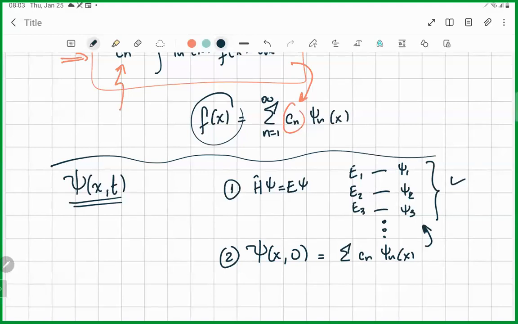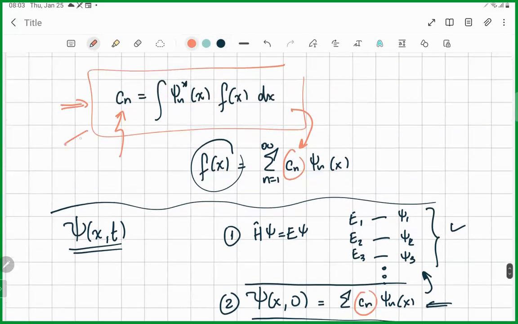When we introduced this, you might have wondered, how am I going to do that? They give me this initial state, but how am I going to write this sum? Now we know how we are going to obtain these Cn's from here.